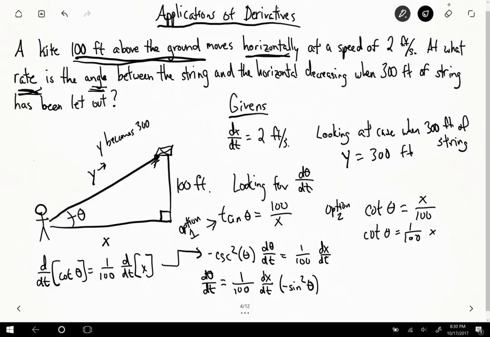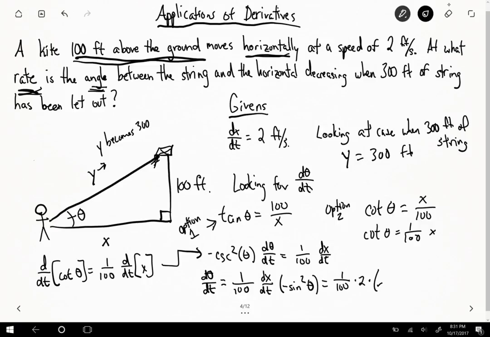What's so important about that? Well, if we have that piece, we can rewrite this. We get the 1 over 100, dx dt is 2, so times 2. And then for that next component, we have sine of theta squared and a negative symbol out in front.